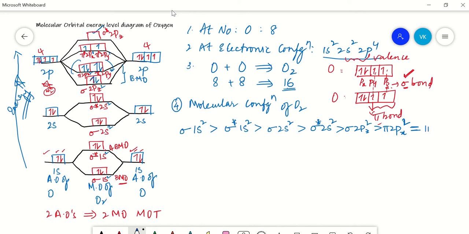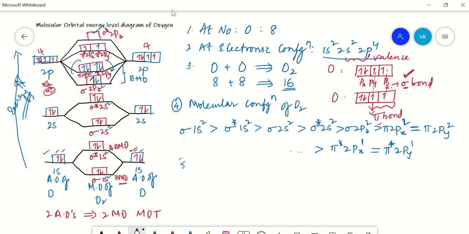Then we have pi 2py2, and I'm continuing here. It is greater than, stability is more than pi star 2px1. Here it is 1, and then it is equal to pi star 2py1. Right? So this is the molecular configuration of oxygen.